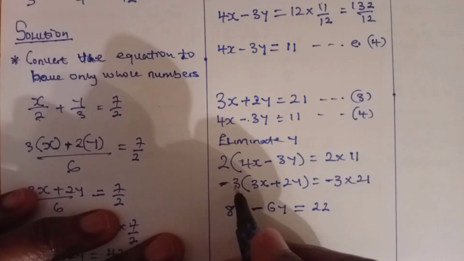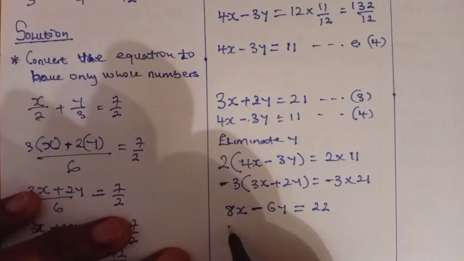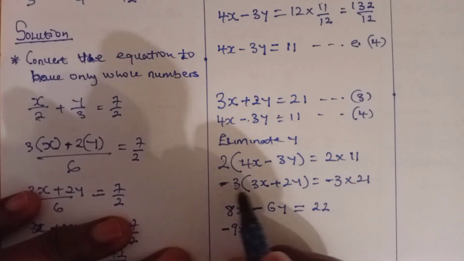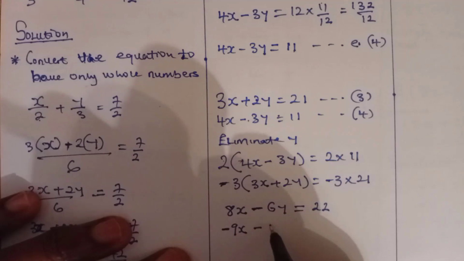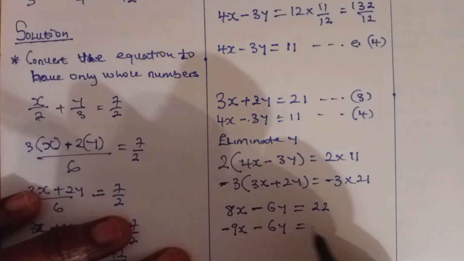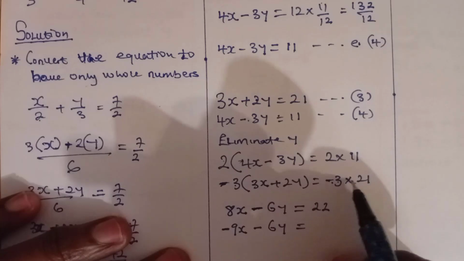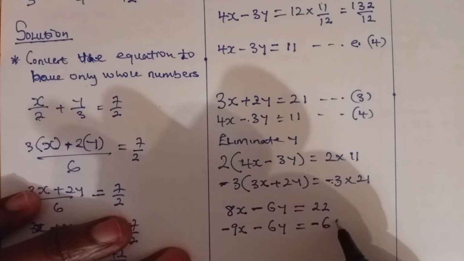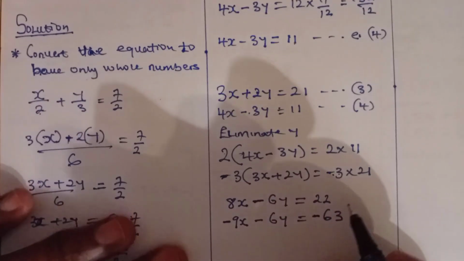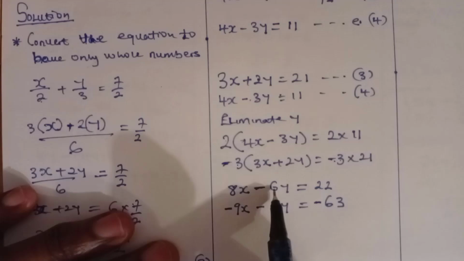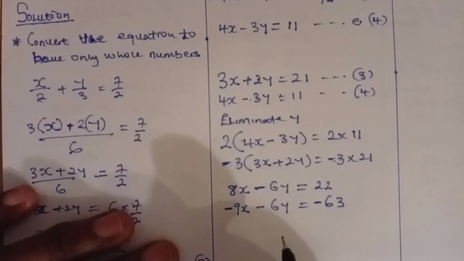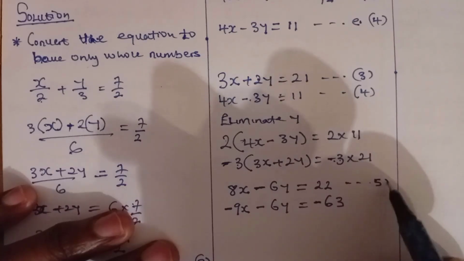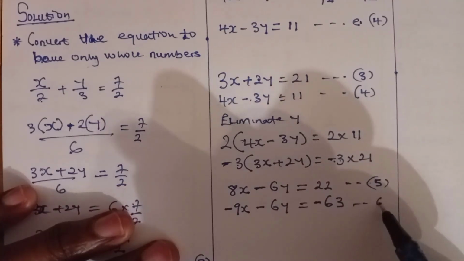And then we have minus 3 times 3x, which is going to give us minus 9x, then minus 3 times 2y is going to give us minus 6y, equals minus 3 times 21, which is going to give us minus 63. Correct? So now we have the coefficient of y in both equations to be the same. In fact, this becomes equation 5 and this becomes equation 6.